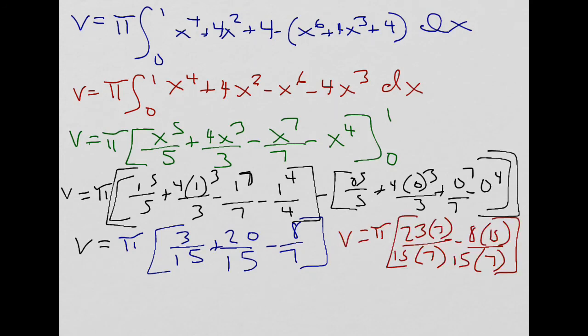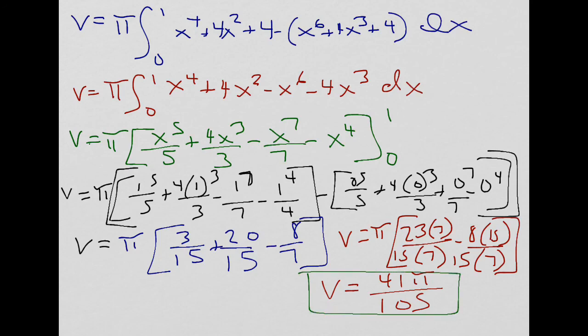So our common denominator is going to be 15 times 7, which is 105. And this is going to be 41 times pi, so this is going to be our final answer. And we're all done. Okay, so do some of the practice problems. Let me know if you have any questions. Good luck.